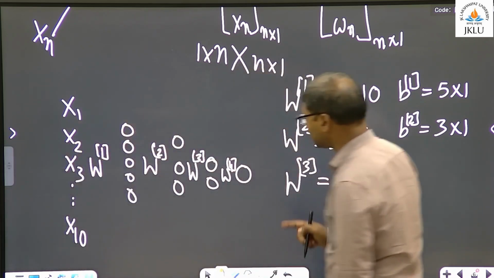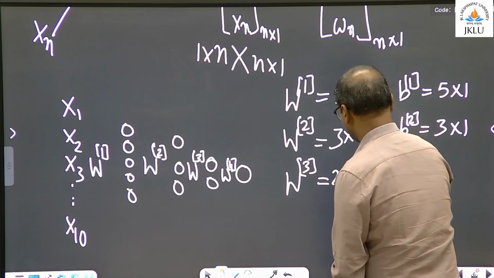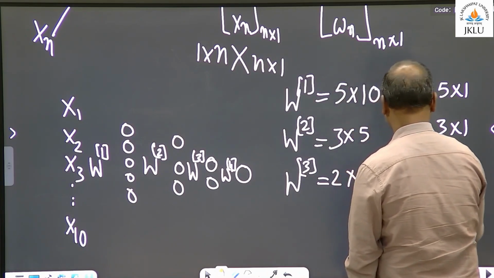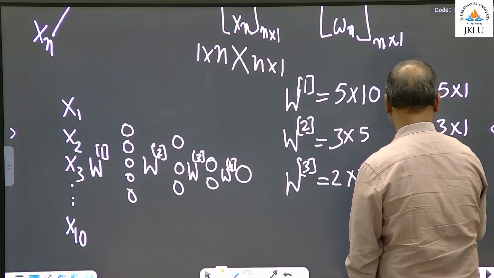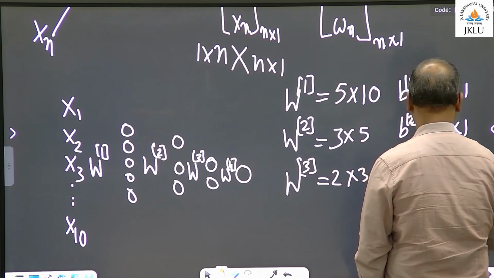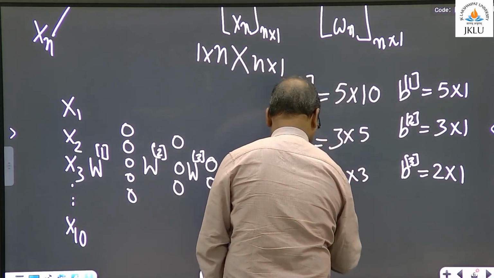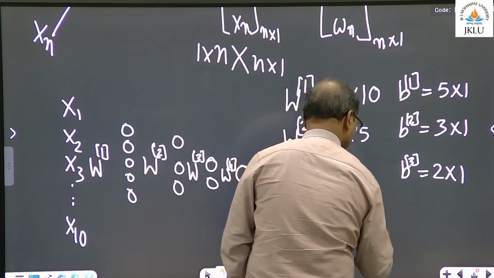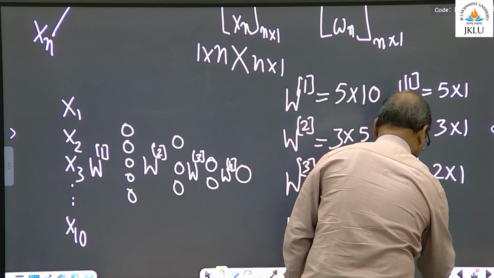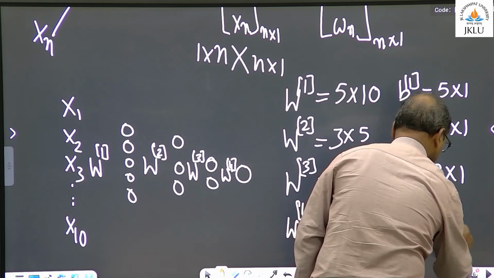So W3 is 2 cross 3 and B3 is, and finally I have W4, 1 cross 2, B4 is equal to 1 cross 1.